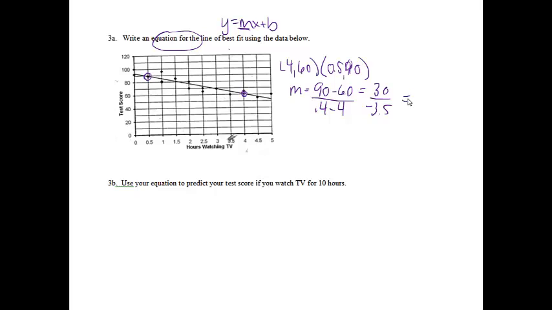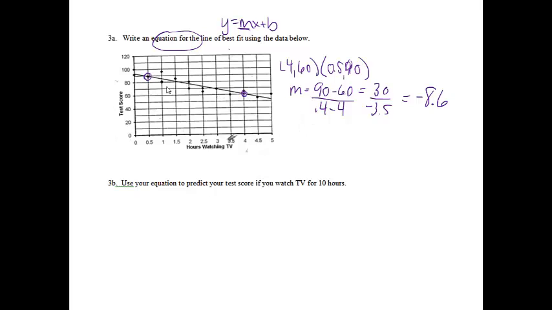And if I divide those two out, I'll do 30 divided by negative 3.5. That will give me negative 8.6, excuse me. You could have gotten something a little bit different if you picked different points, but it should be around that.